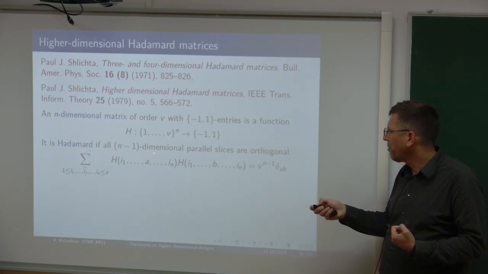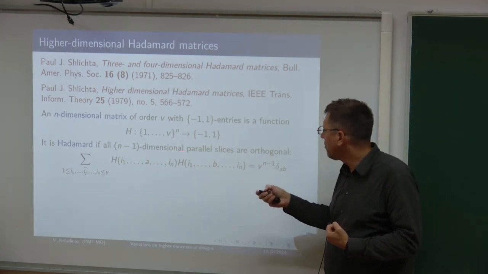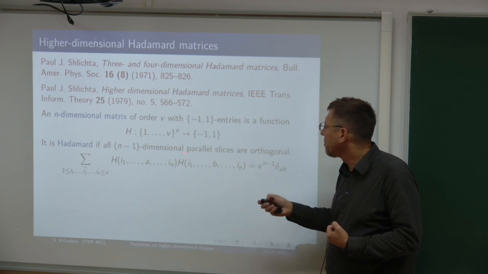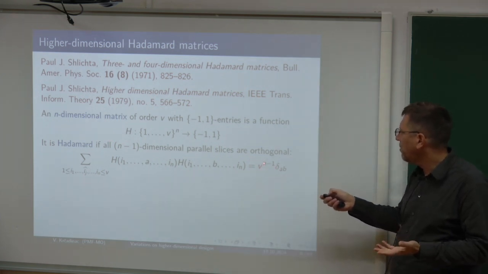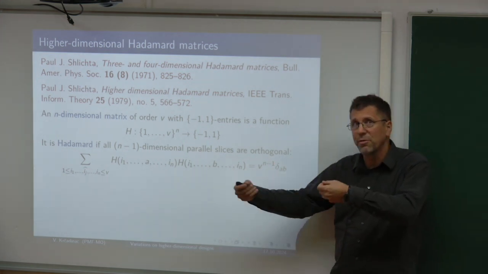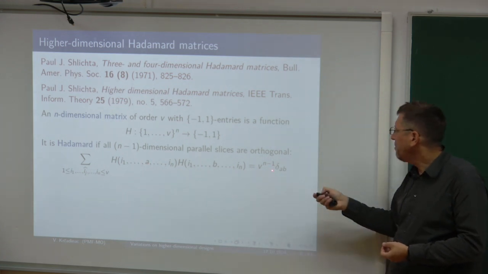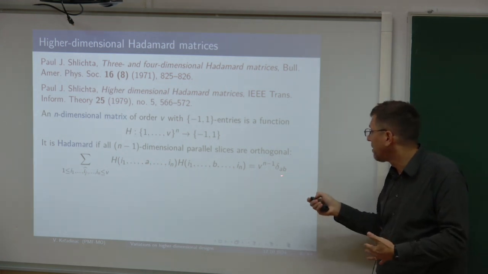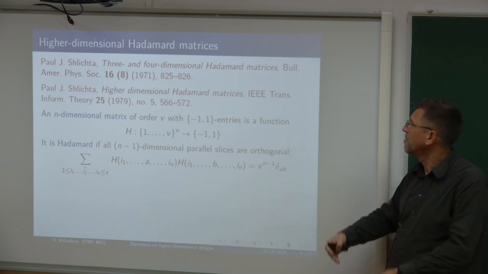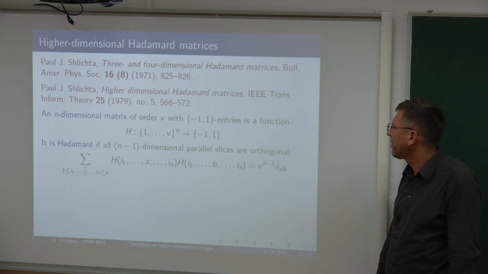You fix one coordinate to a value, and then you vary over all other coordinates, and you do this scalar product, sum of the products. And if A is equal to B, then it's going to be just v to the power of n minus 1, because then you're squaring the minus 1s and 1s. You're just taking a sum of 1s. However, if A is different from B, then it has to be 0. This is the Kronecker delta function. So this is what is meant by orthogonality of n minus 1 dimensional parallel slices.